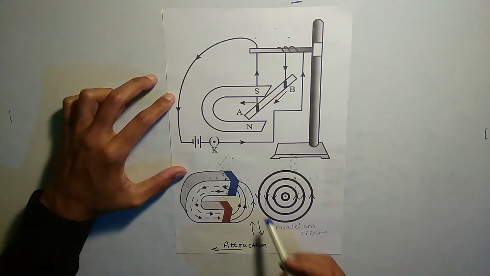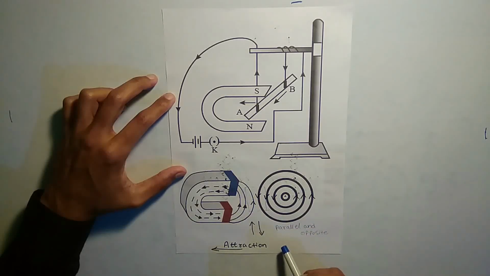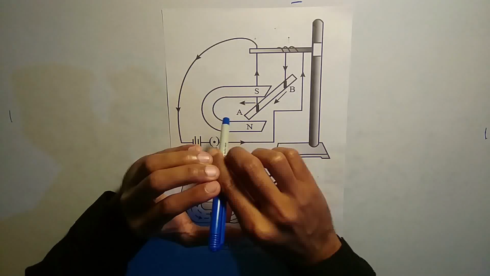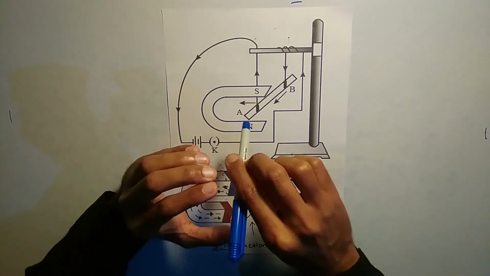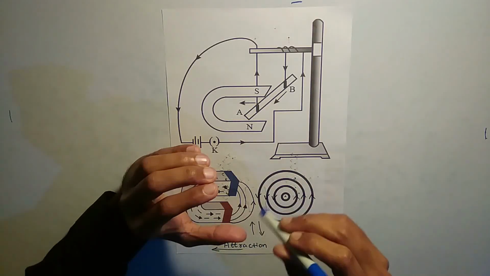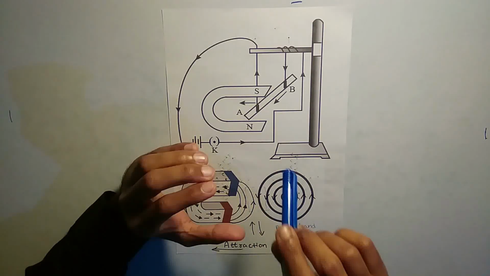We can see the portion of field line appear to be parallel and pointing in opposite direction. Whenever they are parallel and pointing in opposite direction, they attract each other. So force of attraction will arise between these two field lines. That is the reason this conductor is being attracted inside the U-shaped horseshoe magnet. If we reverse the direction of current, the conductor will be pushed outside.